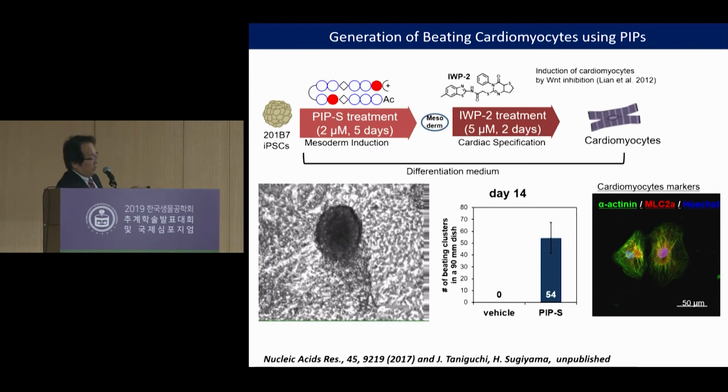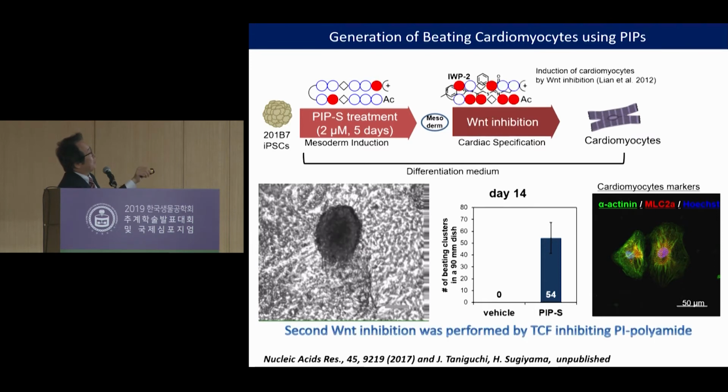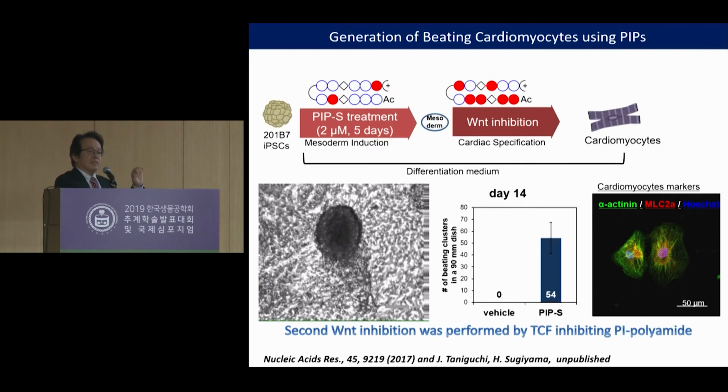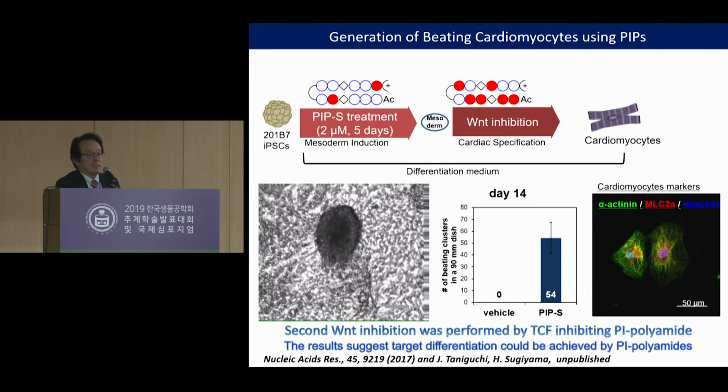In the second step, in this case, we use IWP2. However, this step can also be replaced with a polyamide shown here by inhibiting TCF binding. So these results suggest that other differentiation, like differentiation into neuron or neural cell, can also be possible using combinatorial use of polyamides.